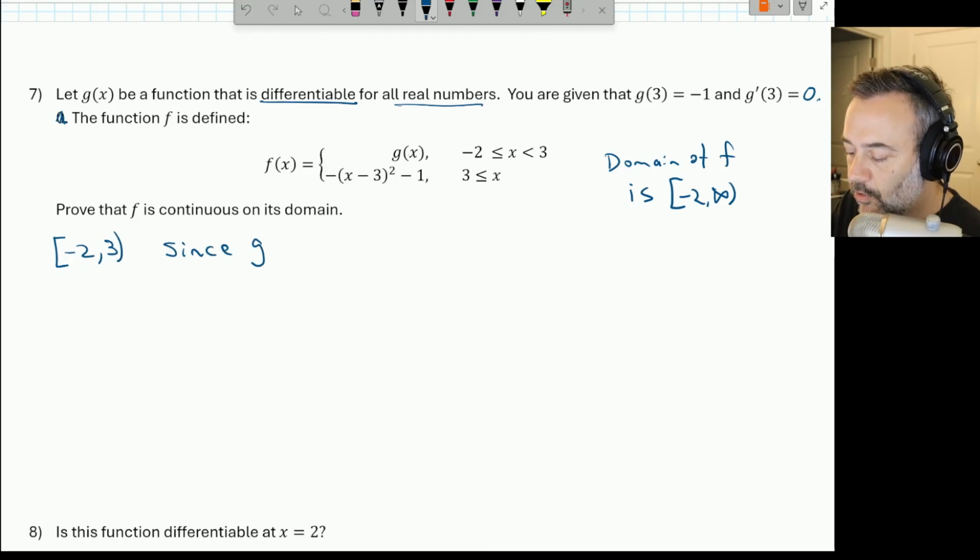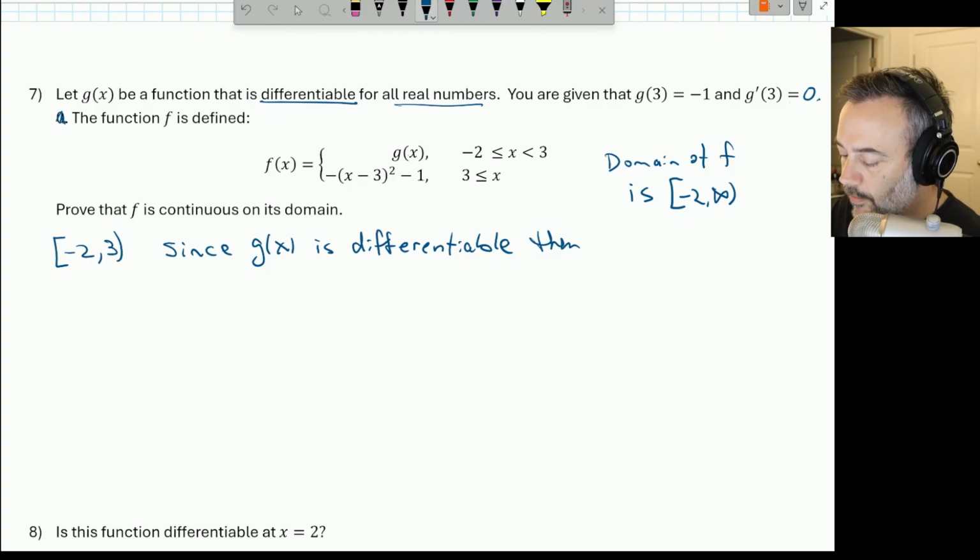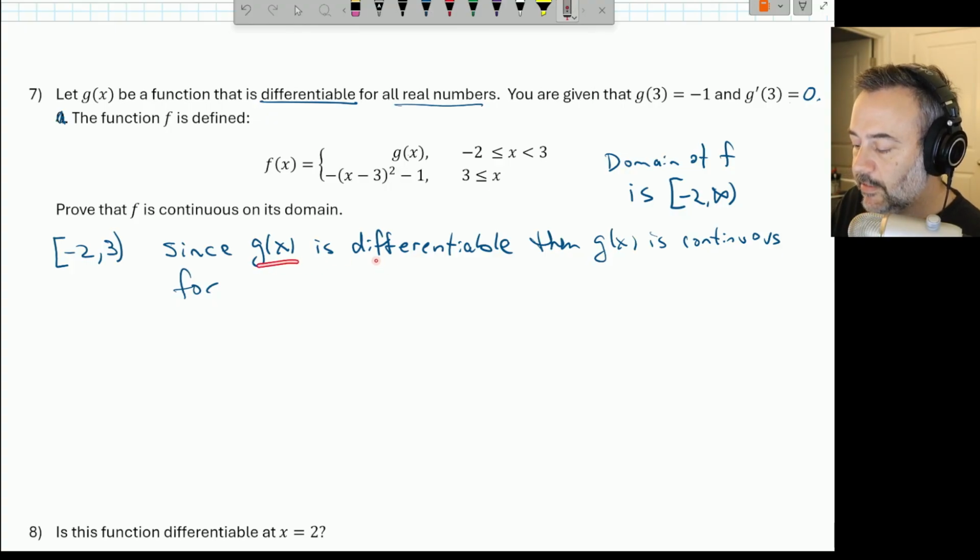Since g of x is differentiable, then g of x is continuous for all real numbers. When I say g of x is differentiable with no other qualification, we assume that just means over its entire domain. But they told us it's differentiable for all real numbers. So since it's differentiable for all real numbers, then it's continuous for all real numbers.